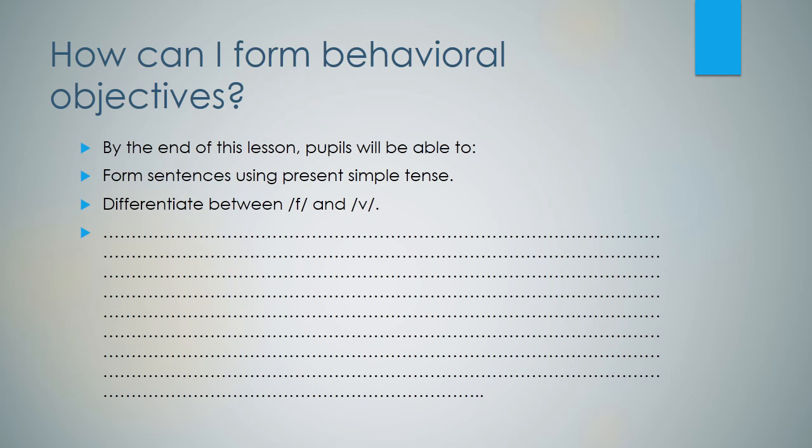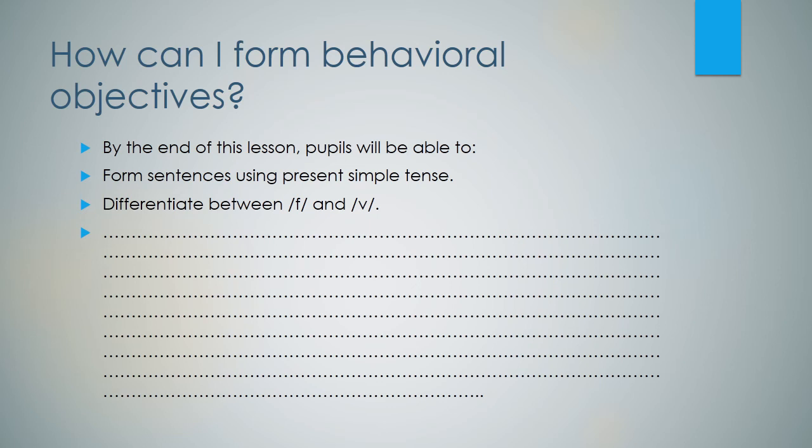So the time here is by the end of this lesson. What about form sentences? That's the verb, just one verb here, not complicated. It's simple, attainable, achievable, measurable. So it's a good behavioral objective.